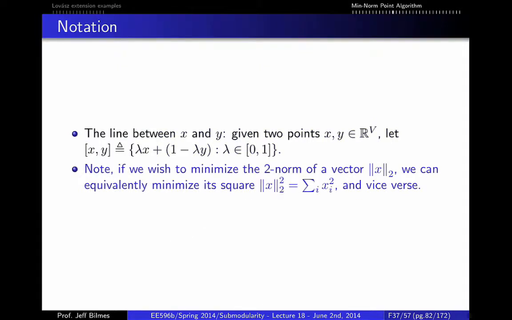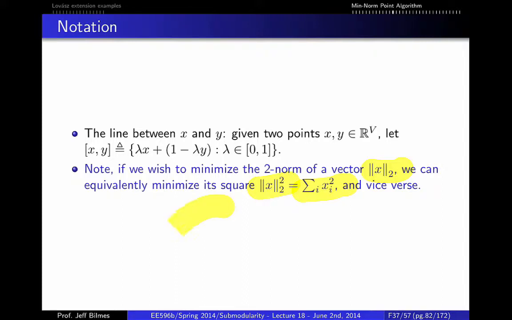The other thing to note is that if we wish to minimize the 2 norm of a vector, we can equivalently minimize the square of the 2 norm of the vector, since they're monotonically related. So we can interchangeably switch between minimizing the square of the 2 norm or just the 2 norm itself. The square of the 2 norm is just the sum of the squares, right? So the min norm point is the minimum 2 norm, or it's also the minimum square of the 2 norm.